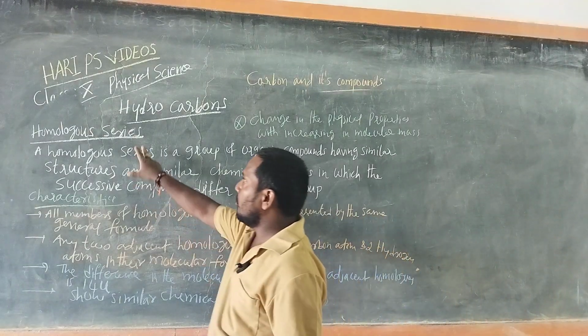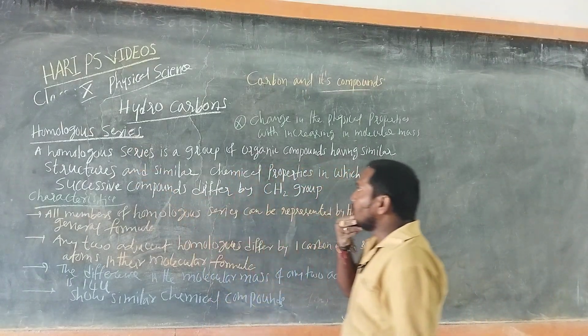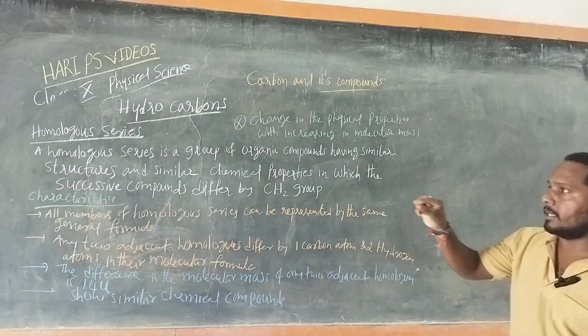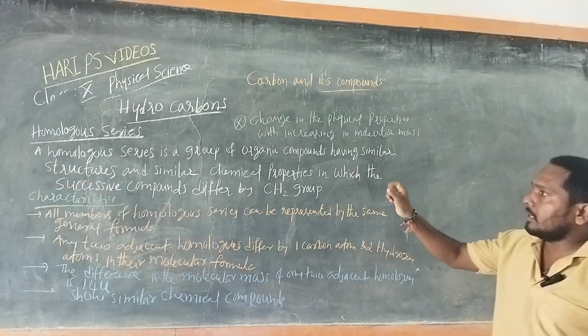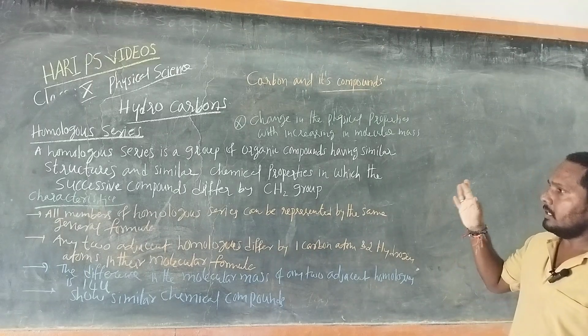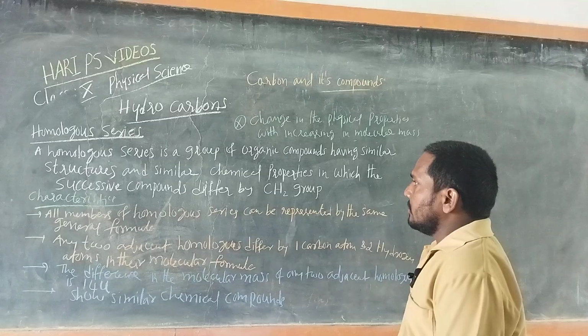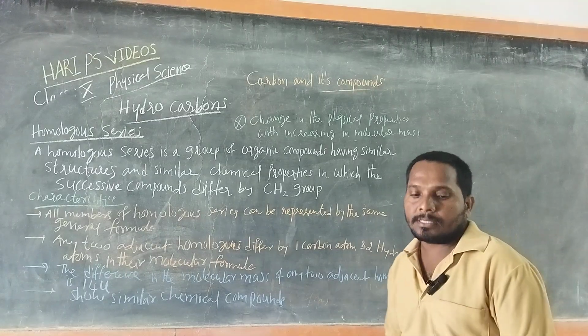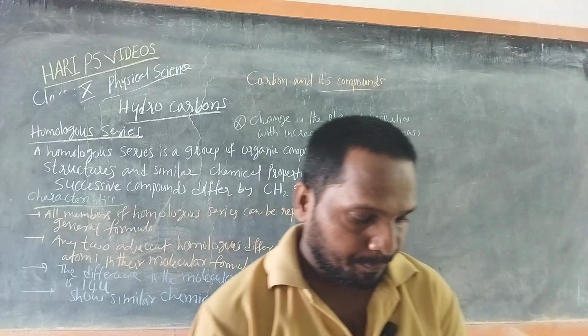So, the homologous series is a group of organic compounds having similar structures and similar chemical properties in which successive compounds differ by a CH2 group.